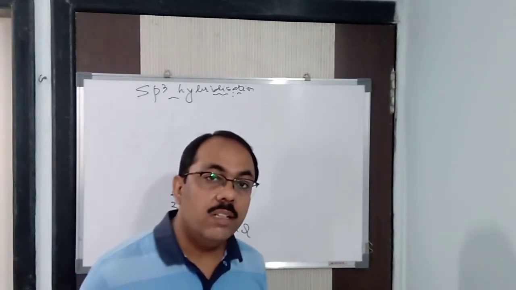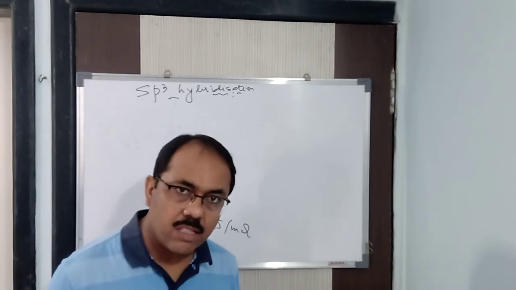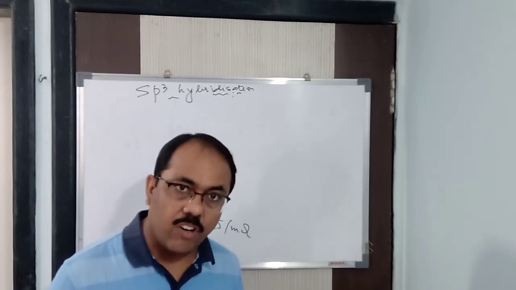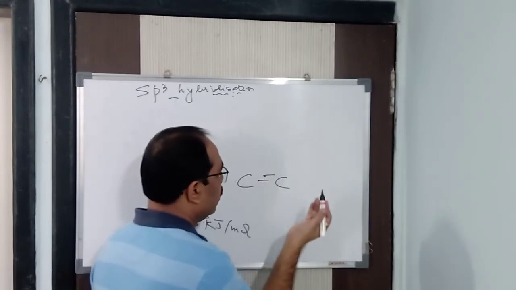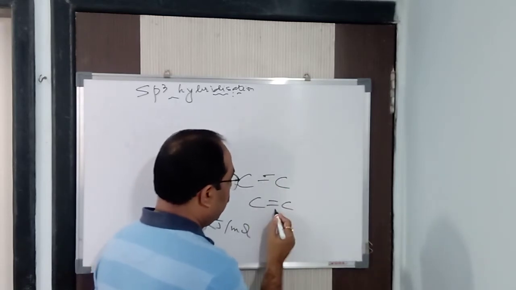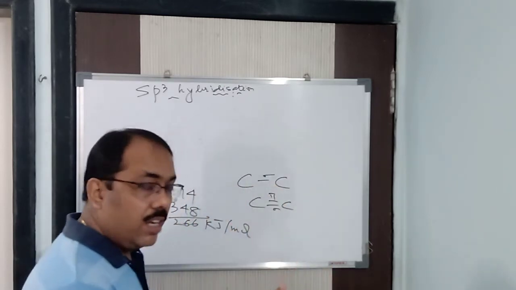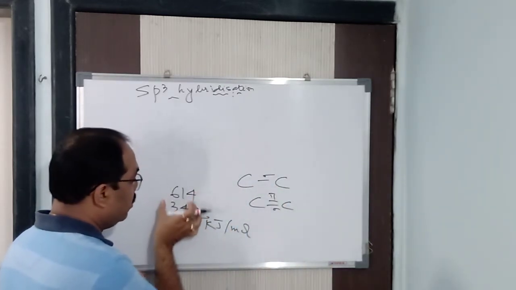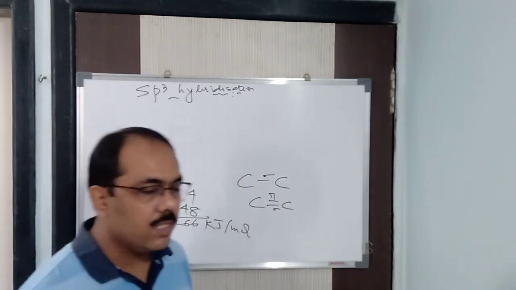It's the bond dissociation energy of the pi bond. So it's quite less. The sigma bond, how much did I get? 348. Carbon-carbon single bond, this is your sigma bond. When I say double bond, one is sigma, another is pi. The difference gives you the bond dissociation energy of the pi bond, which is 266.